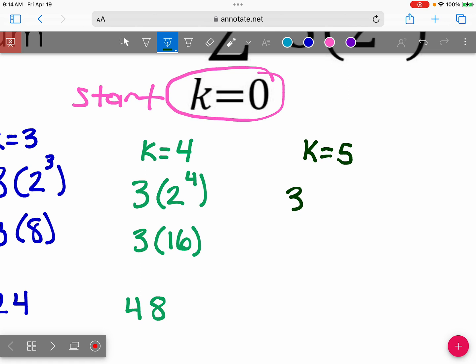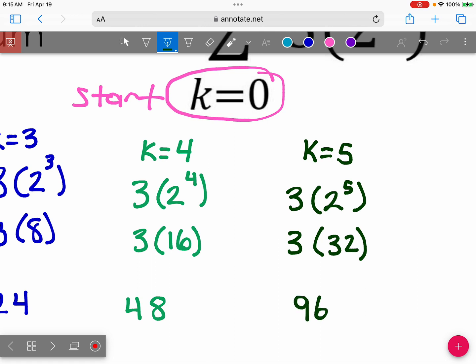So we're going to have 3 times 2 to the 5th, which is 3 times 32, which is going to be 96. So I'm finding all of my values, all of my a sub k.